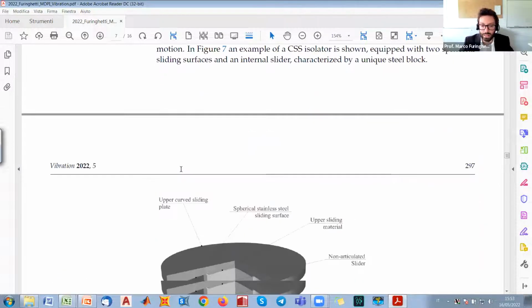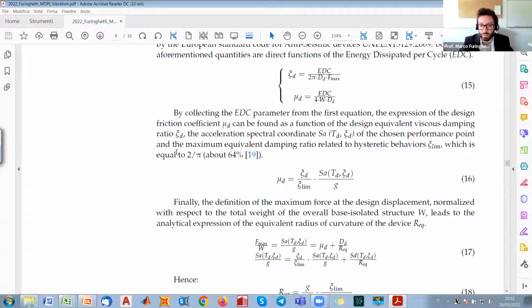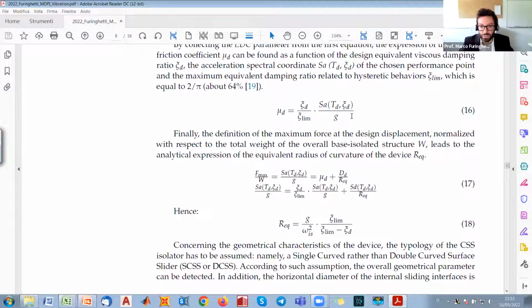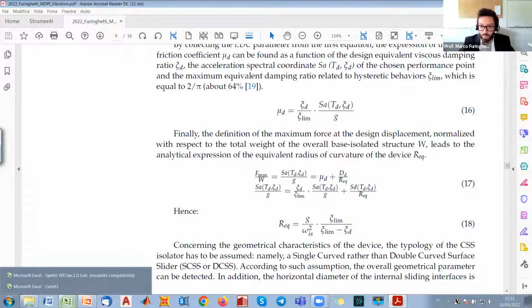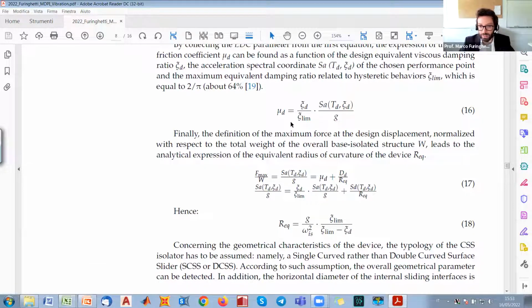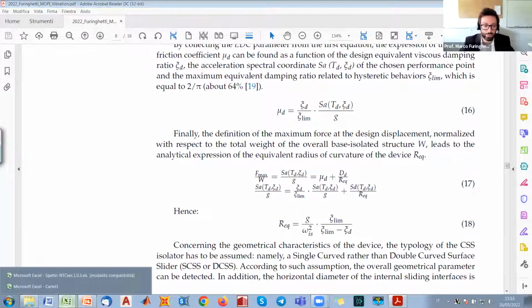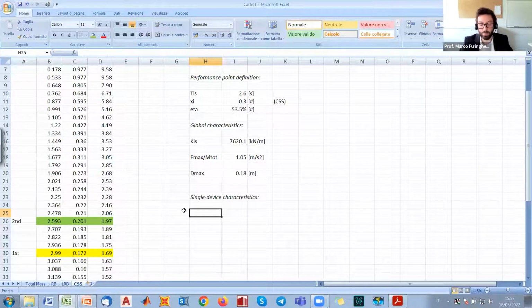For curved surface sliders, we have just 2 equations, which is this one for the computation of the design friction coefficient, and for the computation of the equivalent radius of curvature of the whole device. So we can just create a new cell for the Xi limit, so the damping ratio directly associated to the maximum value, which can be computed according to a hysteretic behavior.